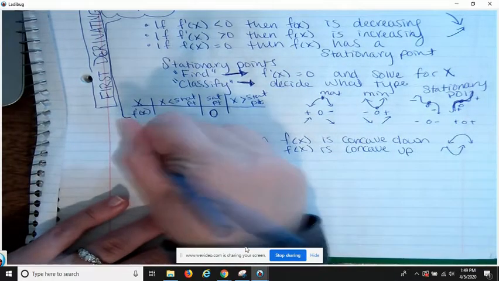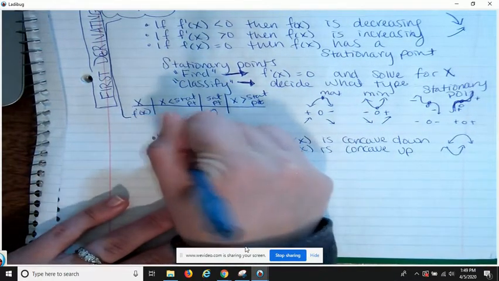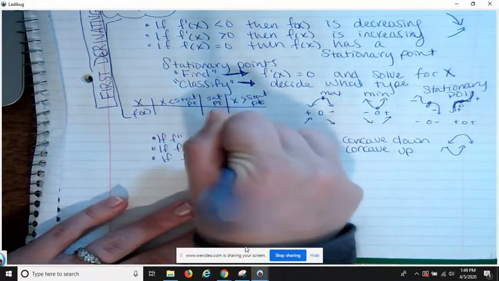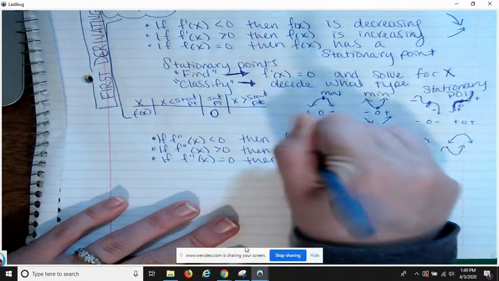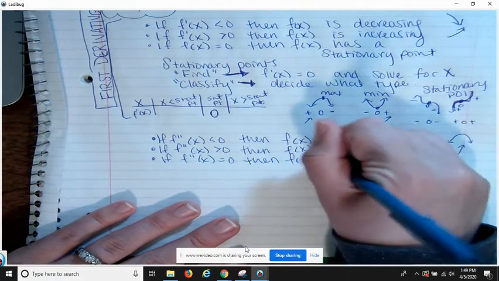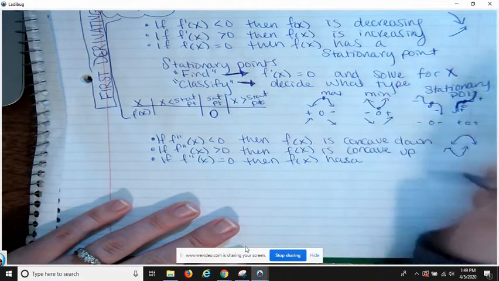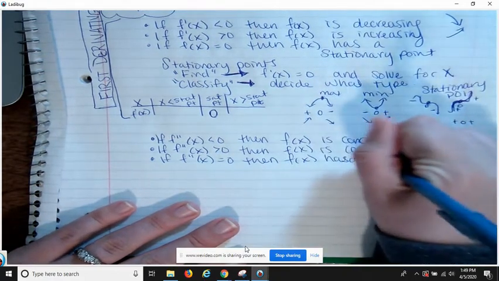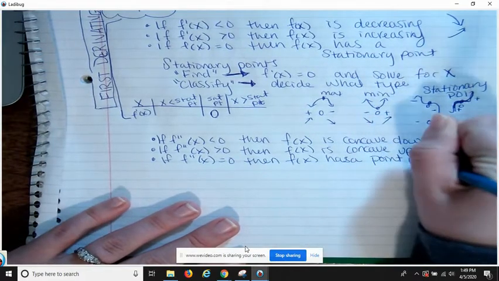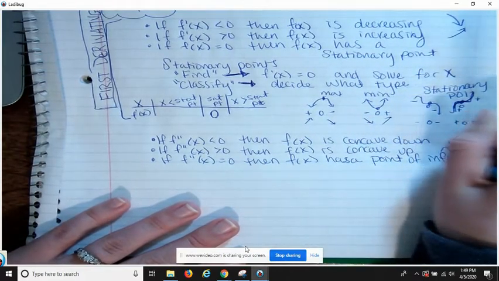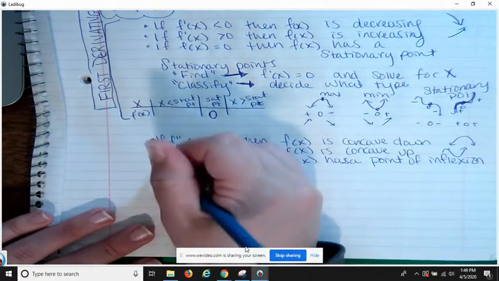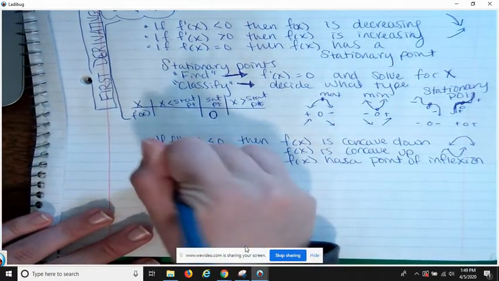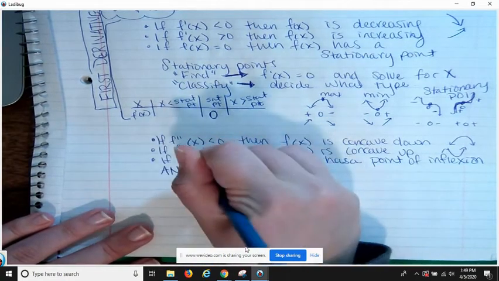And if f double prime of x is equal to 0, then f of x has a point of inflection. Okay, and this is only true when concavity also changes.